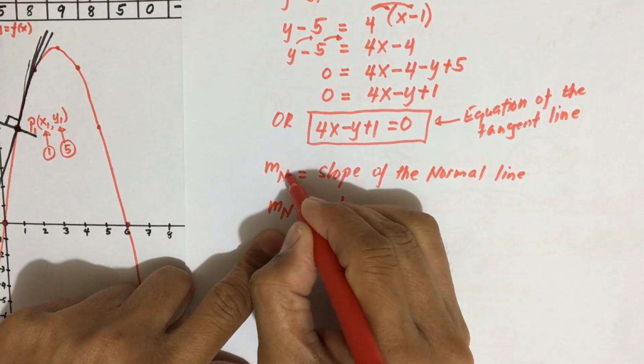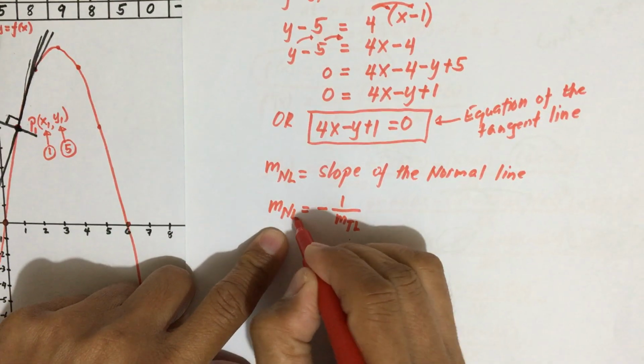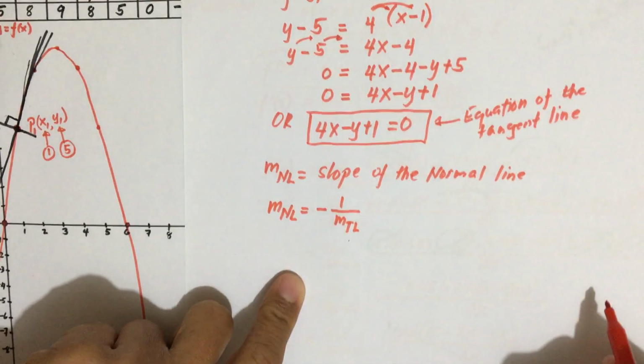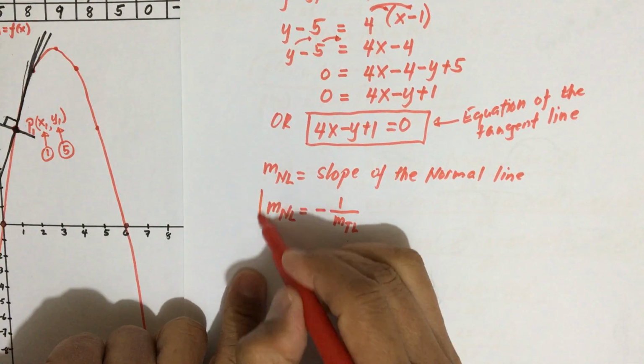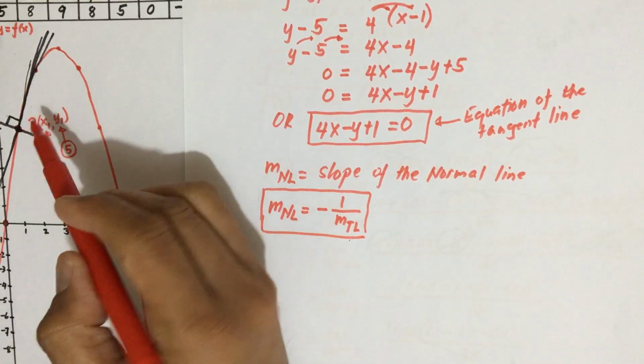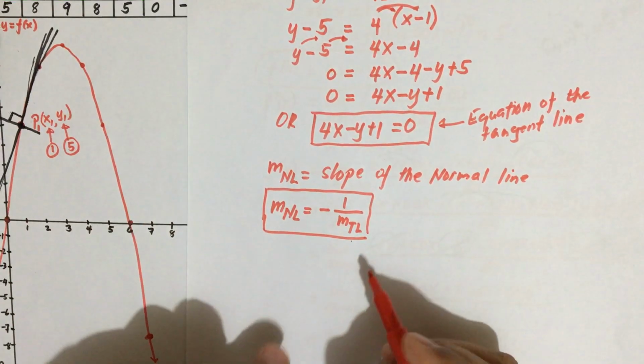So let's call it NL for normal line, and TL for tangent line. From this relationship, we can find the equation of this normal line.